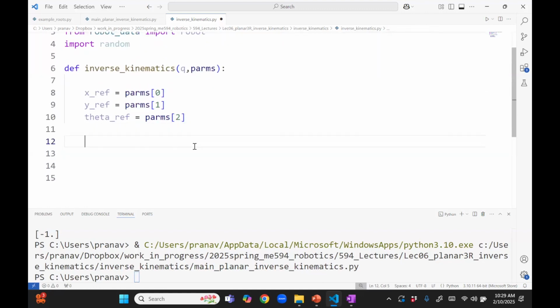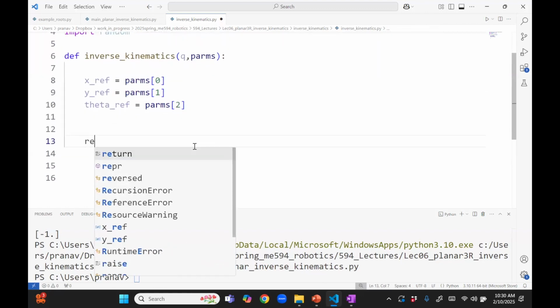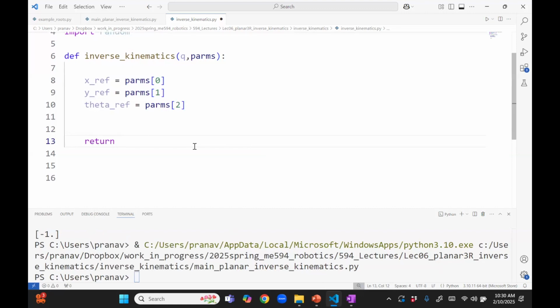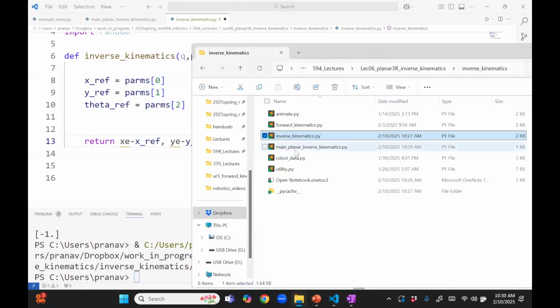Now I'm going to see what I need to return. Let's say xc minus xref, ye minus yref, and theta minus theta ref. I need to fill in the blanks. I have xref, yref, theta. I just have to get x, e, y, theta. It turns out I've done this work and don't have to repeat it.